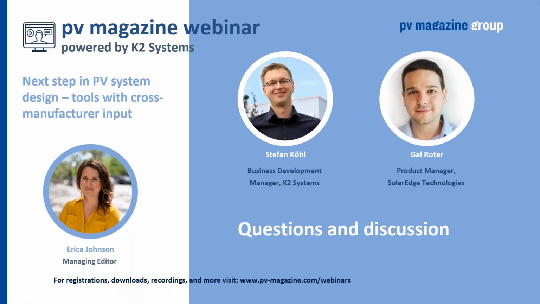Another couple of questions have come through surrounding setbacks. Is there any type of information that's automated surrounding setbacks required for fire codes? I guess this question goes to Stefan, right?